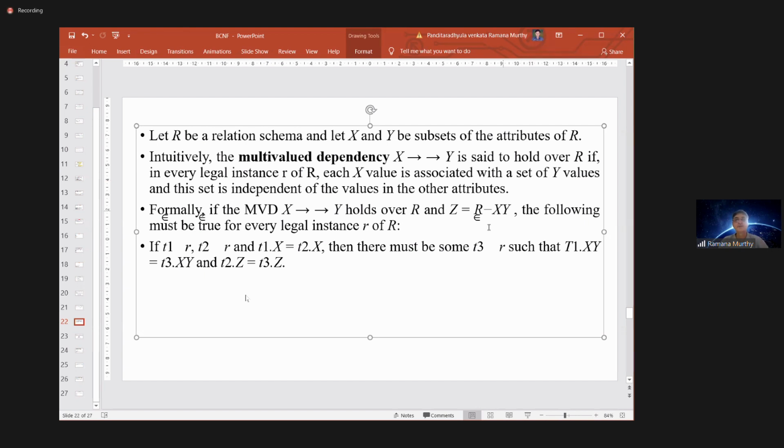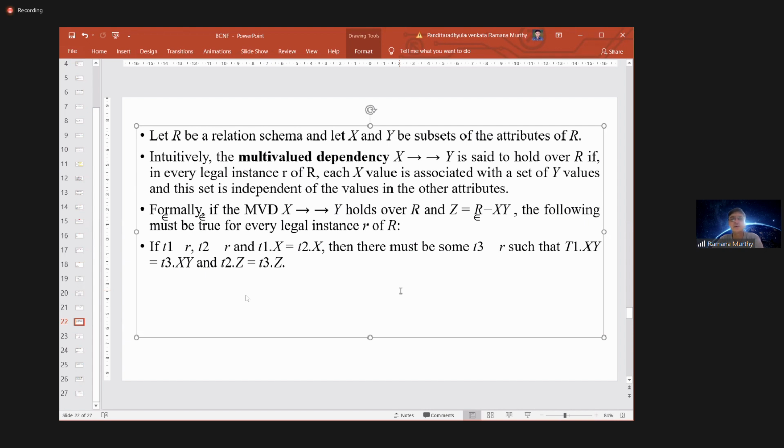We can identify it in one more way. If you divide the columns into X, Y and Z, where you represent X and Y in the multi-value dependency, for every X value there is a set of Y values. For the remaining attributes, you have a set of X attributes and a set of Y attributes, but not all values come under X and Y only.